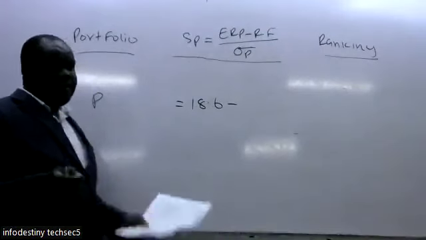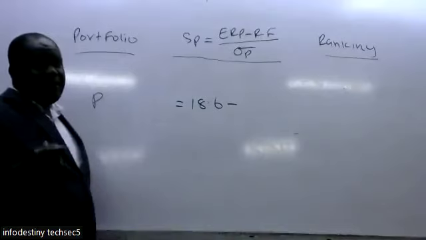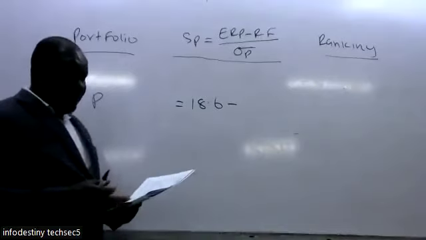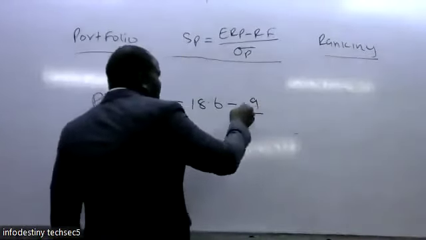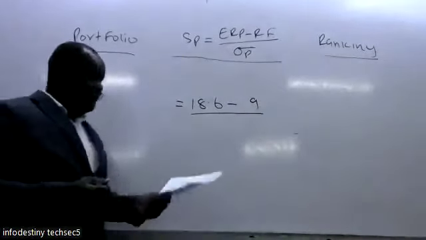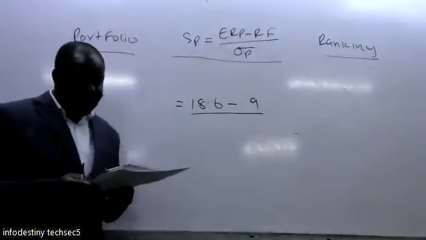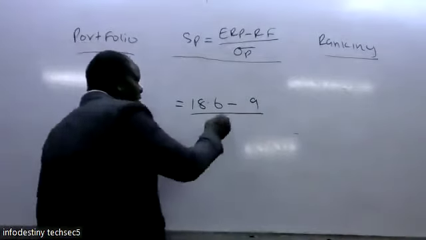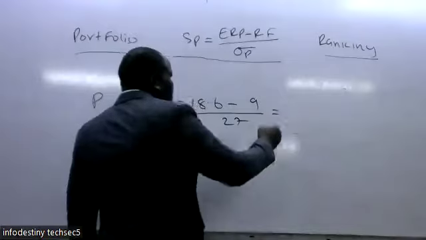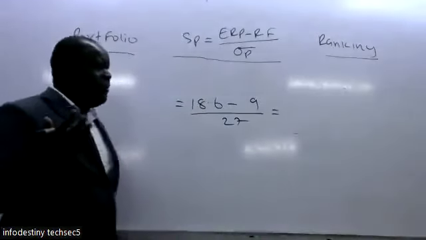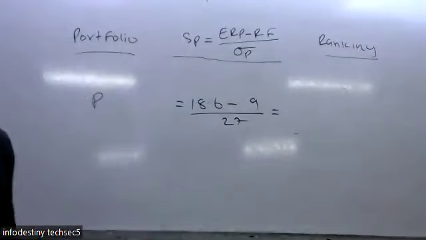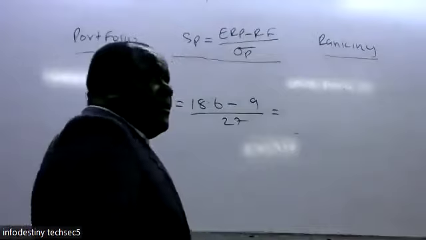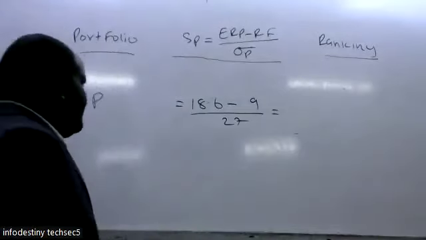Yes, they have given us 9. You can see it at the end of those arrangements before required. So you subtract 9, then confirm the standard deviation of portfolio P and divide by 27. You can round them off into 2 decimal places. That gives 0.33.